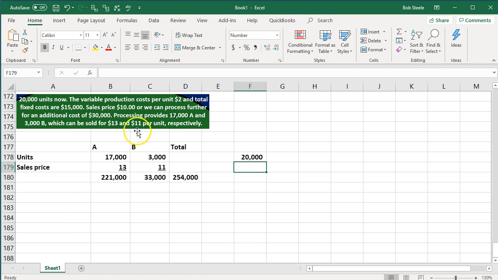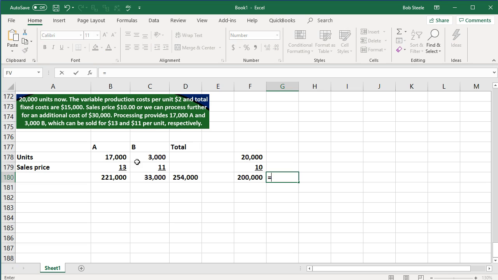And we know that we're going to sell them at $10 per unit. So if we decide not to process further, 20,000 times 10, we'd have 200,000. The incremental revenue, the difference between if we process further or not, is going to be 54,000.